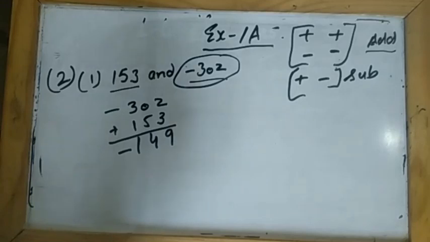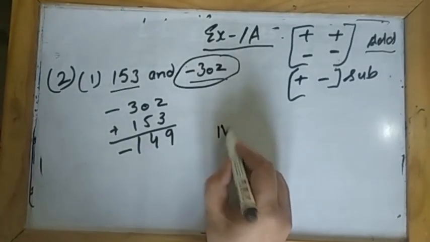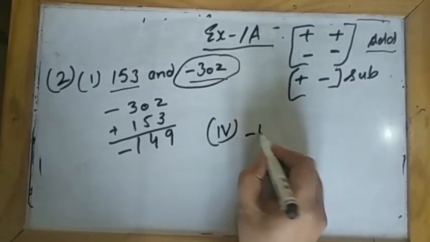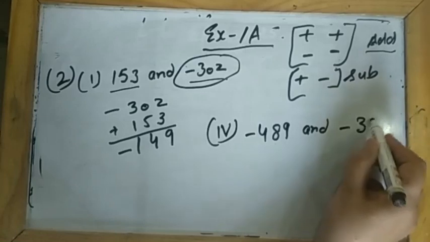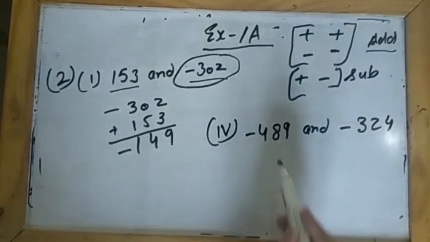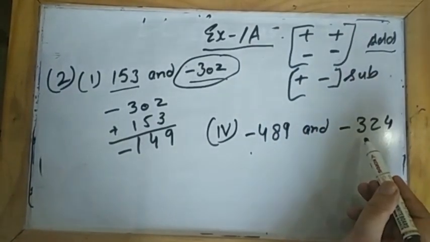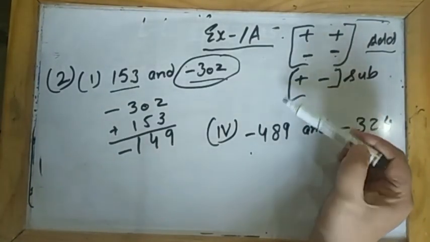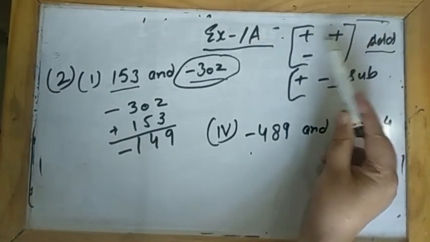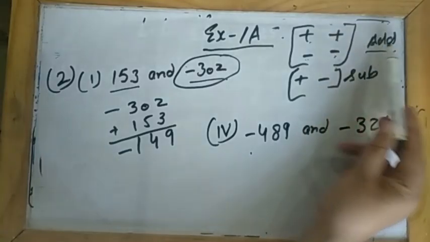Now I'll solve one more sum. I'll take the fourth part. Now fourth part says minus 489 and minus 324. Now as you can see, both the integers are negative, and what the rule says is if both integers are of the same sign, either both of them are negative or both of them are positive, I have to add them.